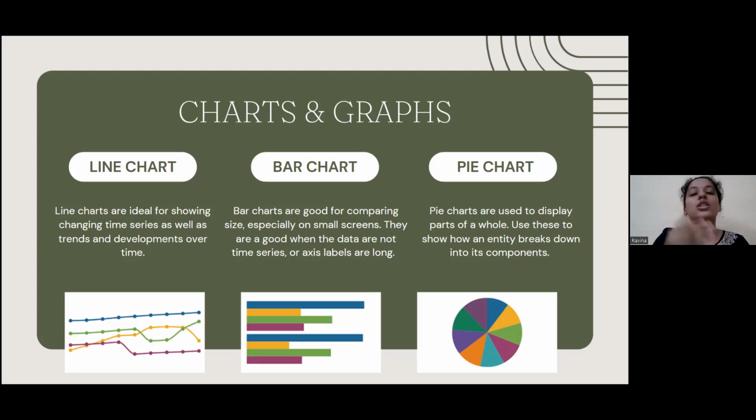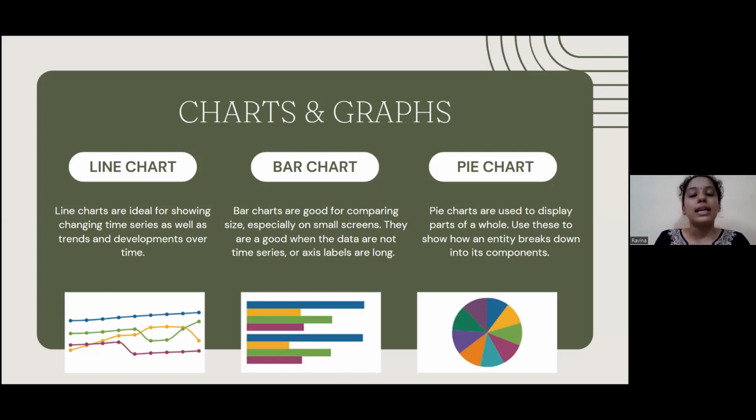It is a variation of stocks according to the time series, and not only stocks, but the variation of anything which changes over time. And bar charts are not recommended for a data set which involves time series, but can be used where axis labels are very long.